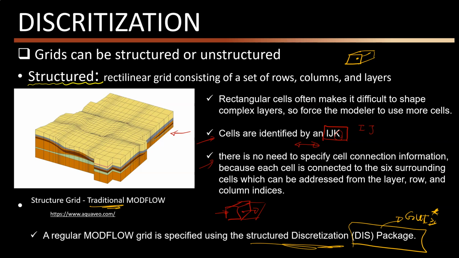But the connection between these cells is simple because everything is cubic, and technically it is very easy to mathematically define the connection between these cells. So these are the main advantages, but this system has some disadvantages that you'll see next slide.